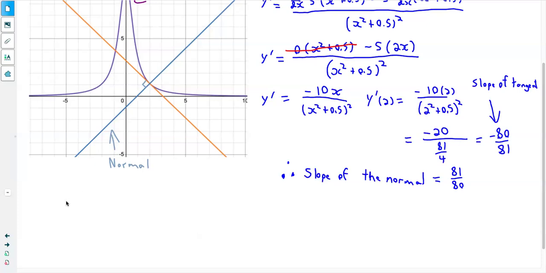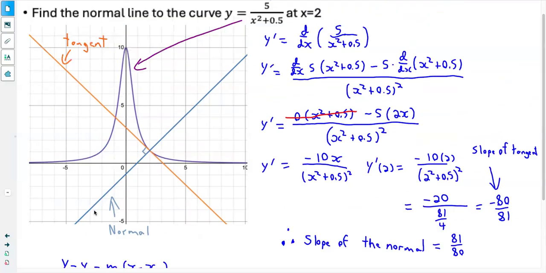Now, we know our equation for a line is y minus y1 equals m times (x minus x1). Now, currently, we know our m, our x1, but we don't know y1. So we will have to solve for that.